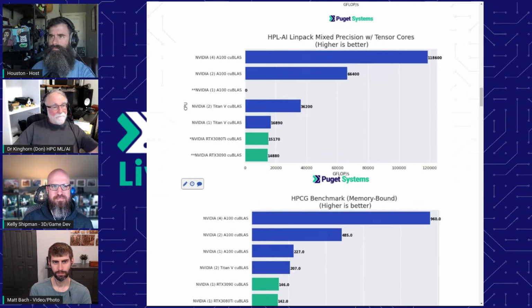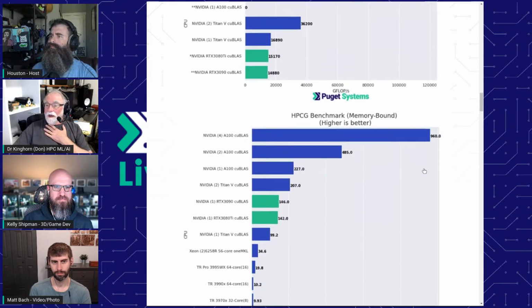But if I make the problem bigger, which usually increases performance drastically on GPUs, the 3090 gave garbage. Weird. That's what happened on the single A100. The 3090 did the same thing, but the 3080 Ti, no problem. It gave a good result at single precision on that benchmark. Weird. So that was kind of cool.